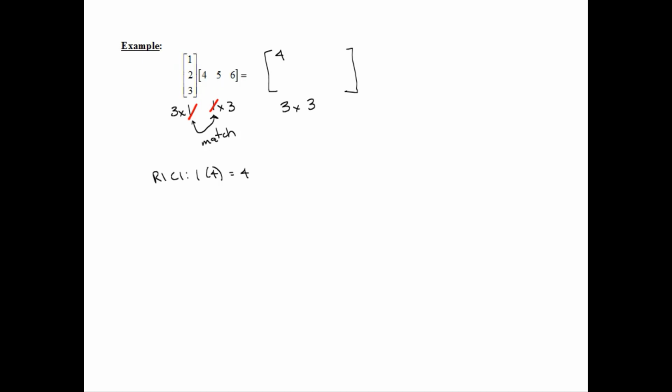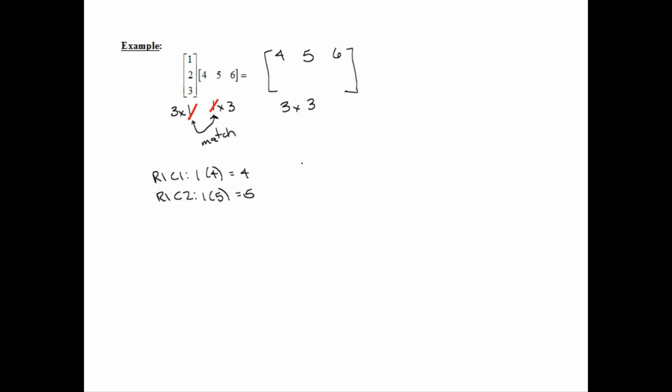Okay, and now if we do row 1, column 2, what do we get? You just have to get used to the idea of the row only having one entry and the column only having one entry. So we get 1 times 5, which is 5. Similarly, what are we going to get when we do row 1, column 3? We're going to get 1 times 6, which is 6.